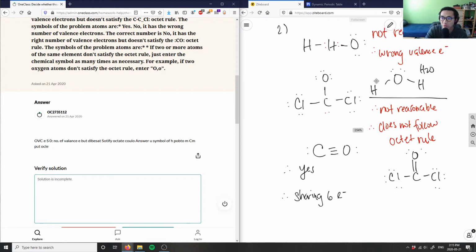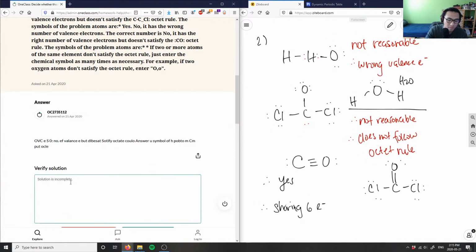So I'm going to say here, for the first molecule, 1, H, not reasonable, because hydrogen cannot make more than 1 single bond. It contains the wrong number of valence electrons.